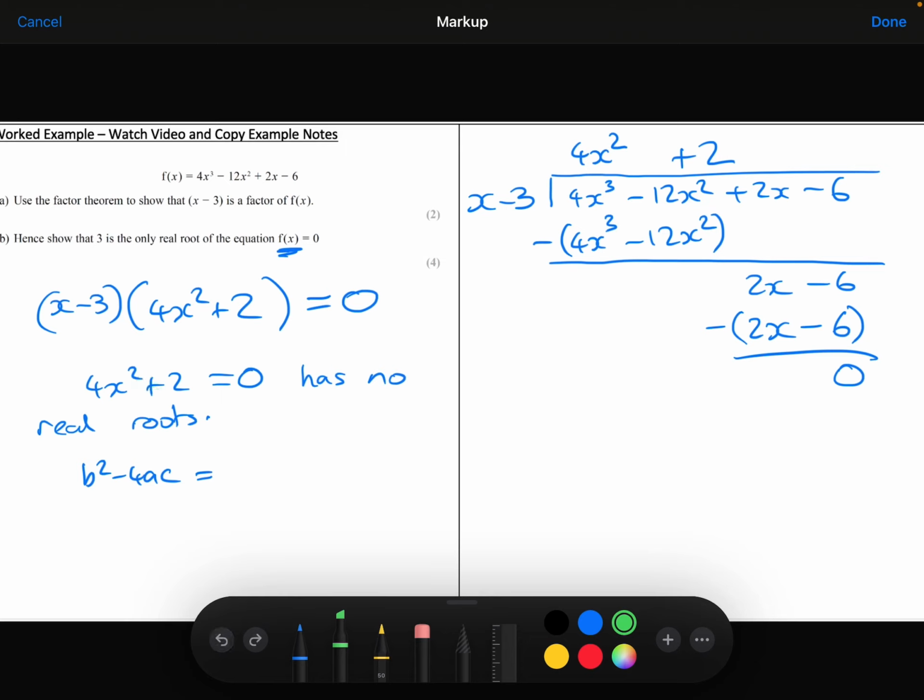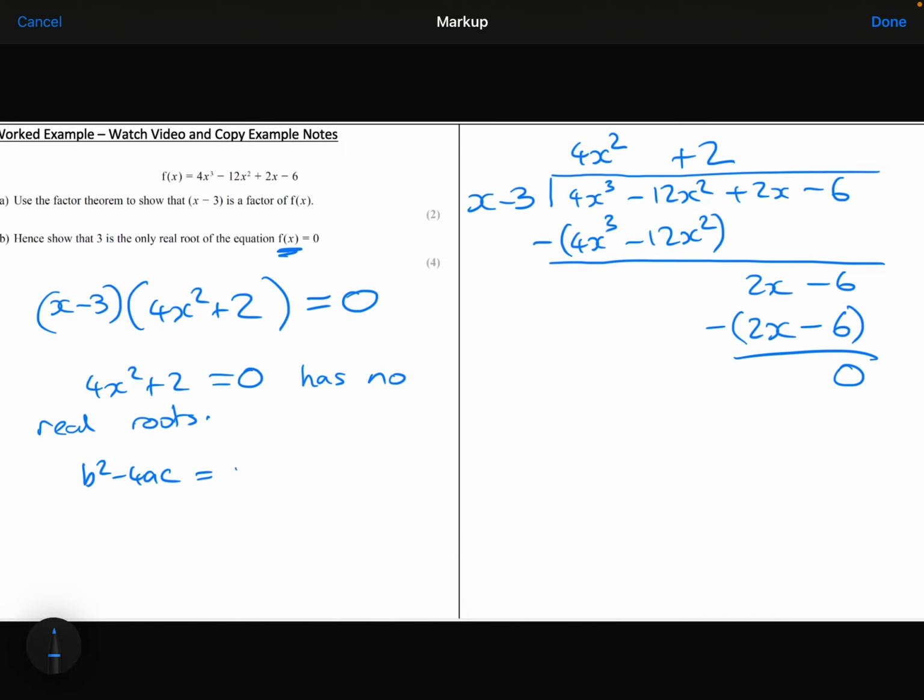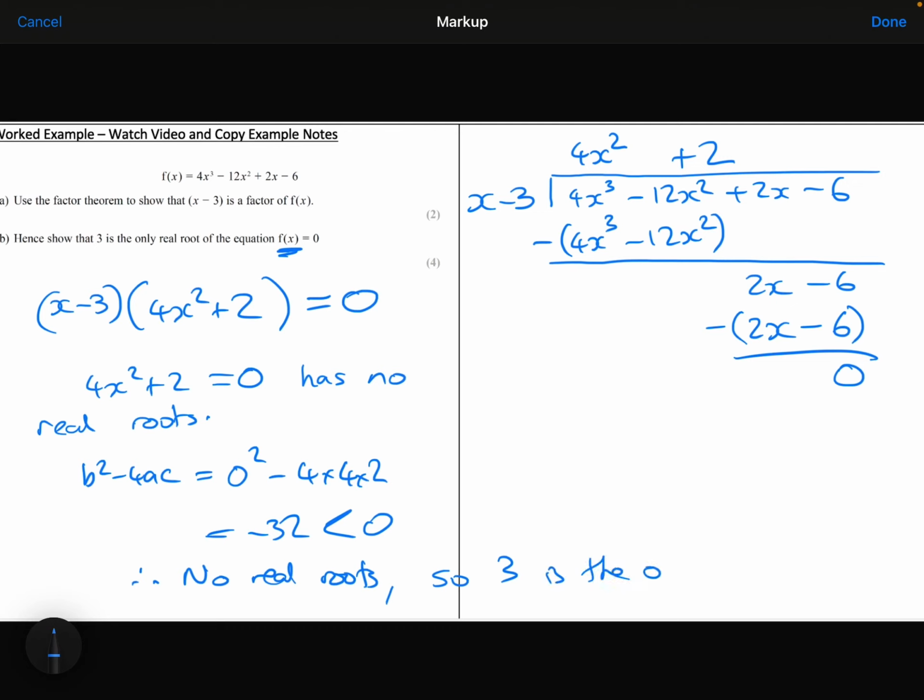So b is 0, minus 4 times a, which is 4, times c, which is 2, which is minus 32, which is less than 0, therefore no real roots. So 3 is the only root, the only real root. That's one way of doing it. There are other ways, but that's probably what I would do.